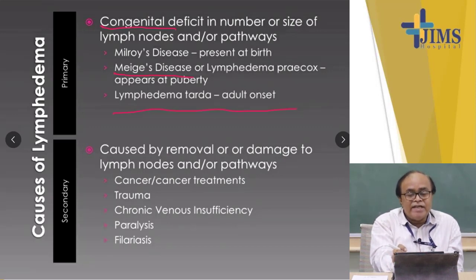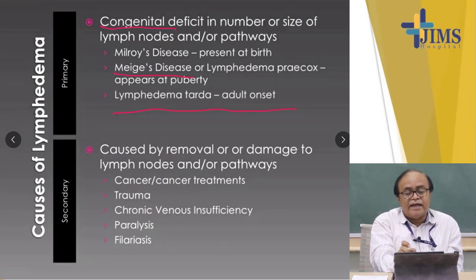And what are the secondary causes? They are caused by removal or damage to lymph nodes and damage to pathways of the lymphatic supply. That may be due to diseases or iatrogenic causes, meaning caused by physicians and doctors. What are the causes of secondary lymphedema?